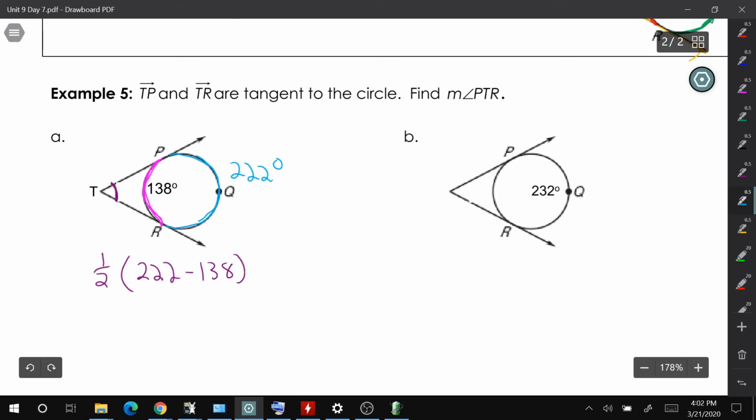And then we can type that into our calculator. And you can type that all in at once if you want to, instead of bit by bit. It doesn't really matter, but just make sure that you're setting it up correctly. So I get 42 when I type that into the calculator. If you type it in exactly like this, you will get 42 degrees.